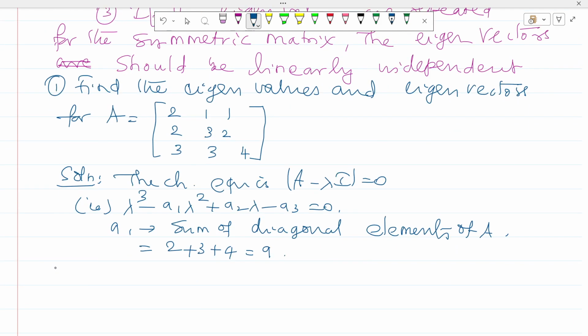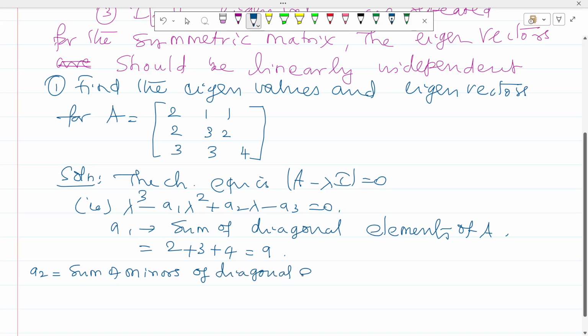Second one is A2. A2 is the sum of the minors of the diagonal elements. For the first diagonal, the minor is 3 2 3 4. For the second diagonal, 2 1 3 4.